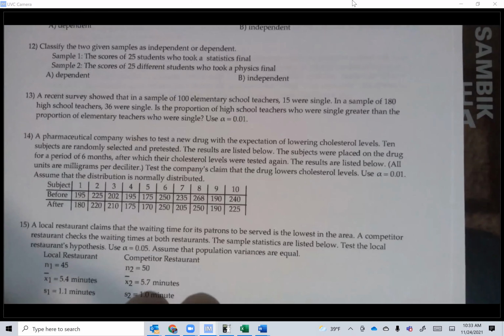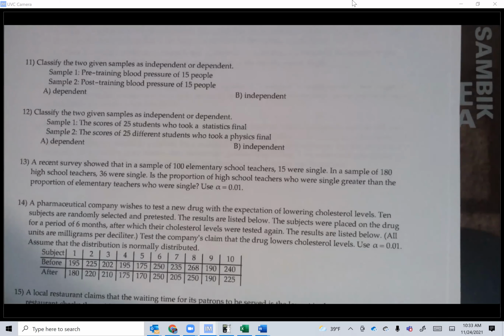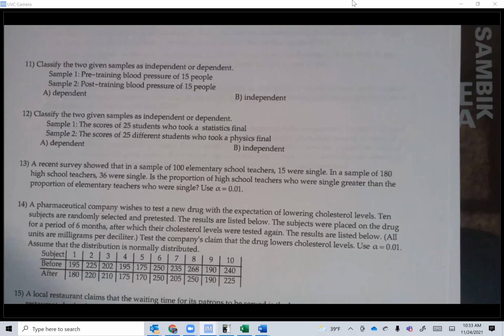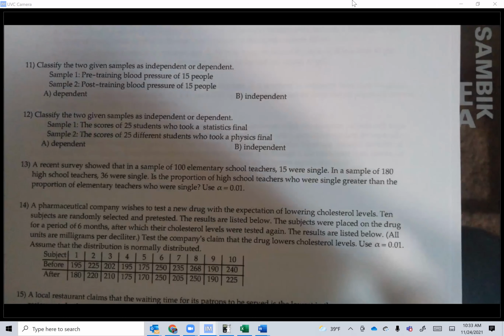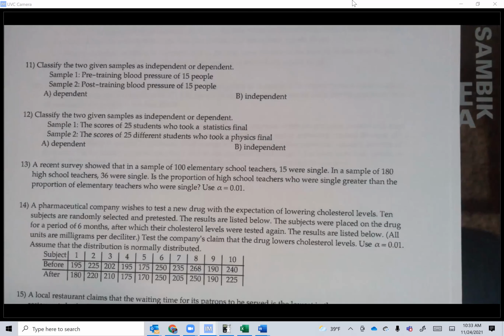Number 11. Classify the 2 given samples as independent or dependent. So we're just reviewing chapter 8 now. Pre-training blood pressure of 15 people, post-training blood pressure of 15 people. I wanted probably to say the same 15 people.